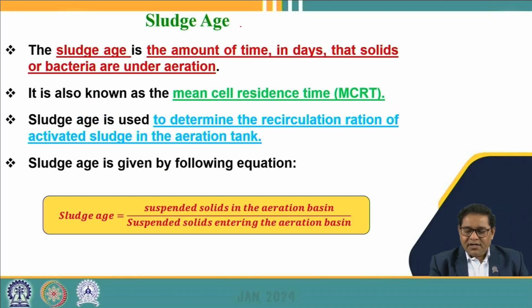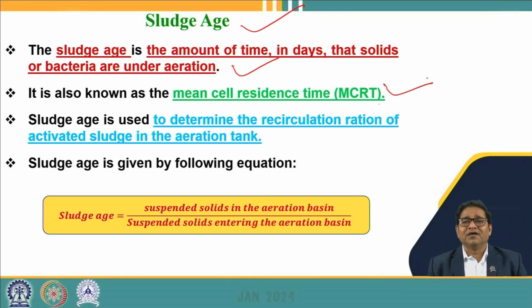And then there is another parameter, the sludge age. Sludge age is basically the amount of time in days that the solids or the bacteria or the sludge remains in the tank. This is also termed as the mean cell residence time or solids retention time.